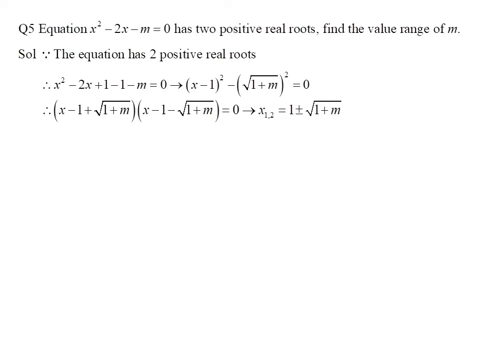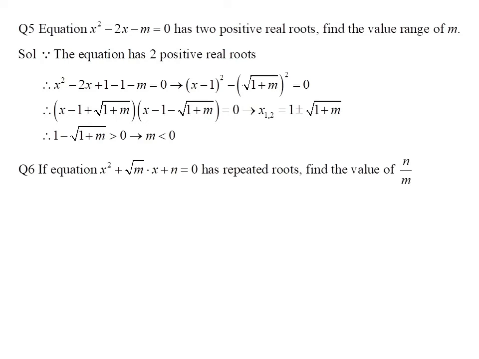After rearranging and factorizing it, we have two roots expressed in terms of parameter m. Among them, the smaller one is 1 minus square root of the sum of 1 plus m. If this root is greater than 0, then the value range of m would satisfy the requirement of the question. Hence, we solve this inequality and find m is less than 0.